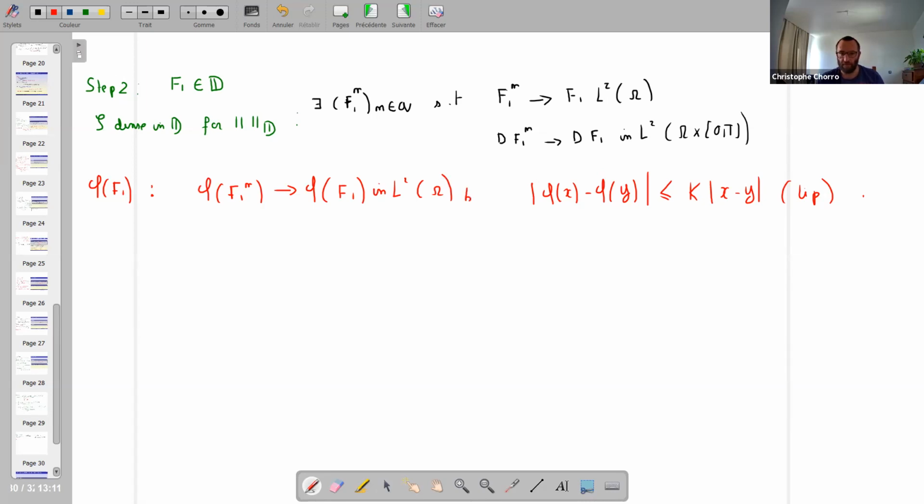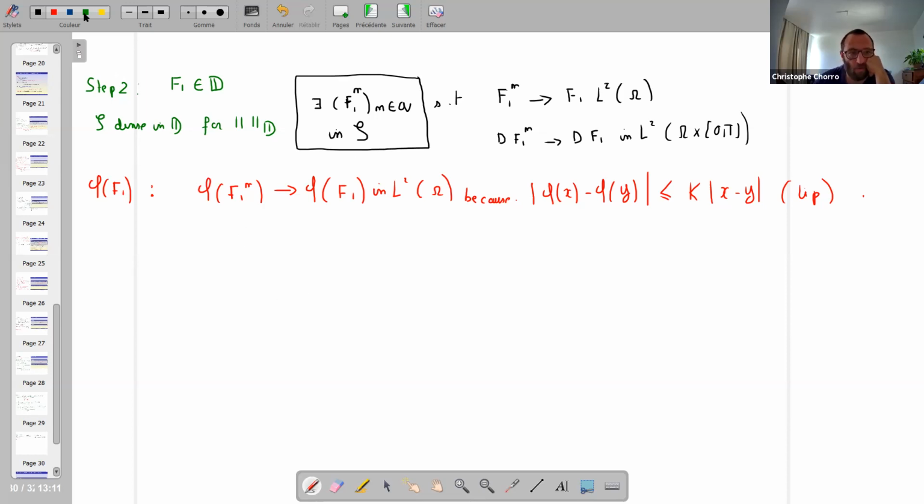So be careful here. There exists a sequence, since S is dense in D, so there exists a sequence in S such that I have this.